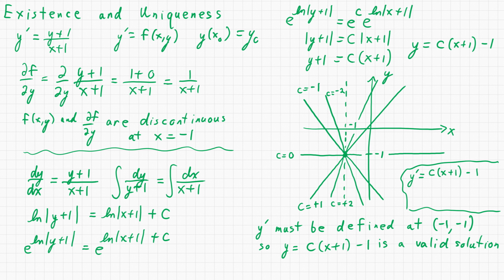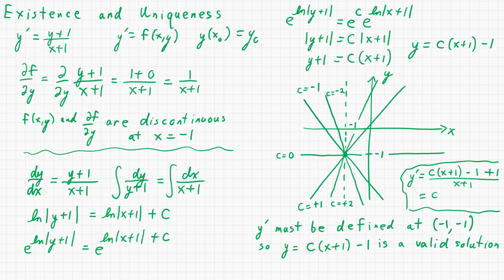But then I have the plus 1 from the original, so this is y plus 1 over x plus 1. That's the top, and on the bottom I have x plus 1. The minus 1 and plus 1 cancel, so I end up with c times x plus 1 over x plus 1. So y prime just becomes c. The slope of the line is what c stands for.